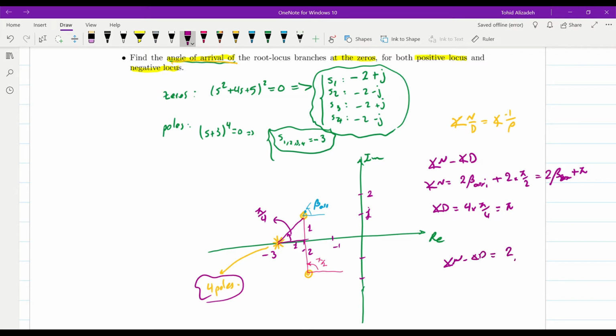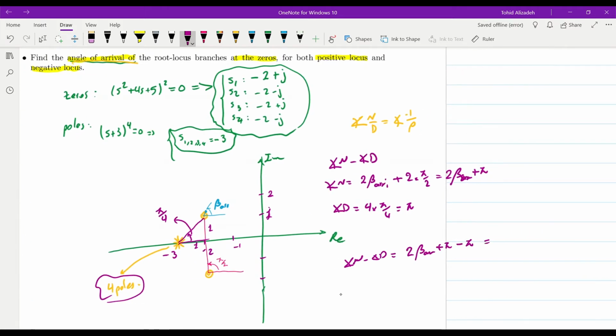Now we have phase of n minus phase of d equal to 2 times beta arrival plus pi minus pi, and that will be equal to the phase of minus 1 over rho, which is equal to (2h plus 1) times pi for the positive locus and 2h pi for the negative locus, with h equal to 0 and 1 as we have two zeros at that point.